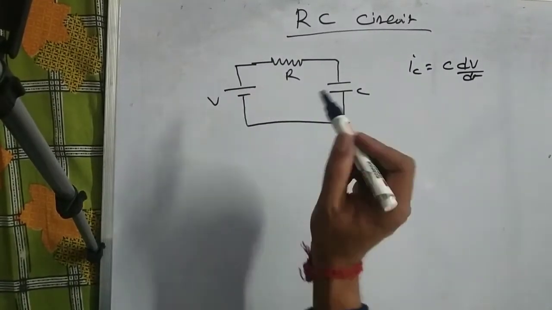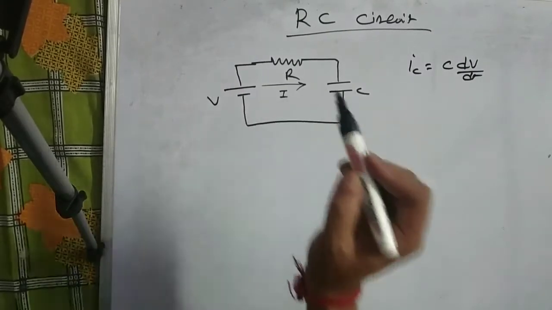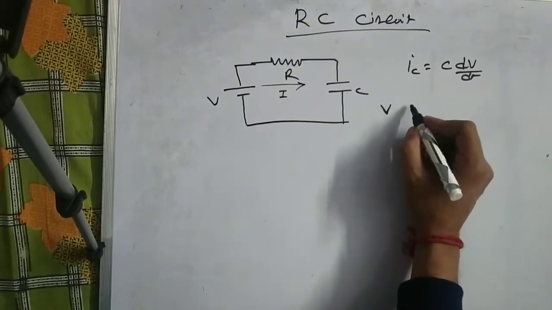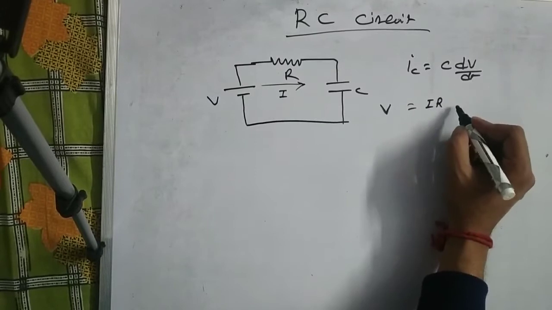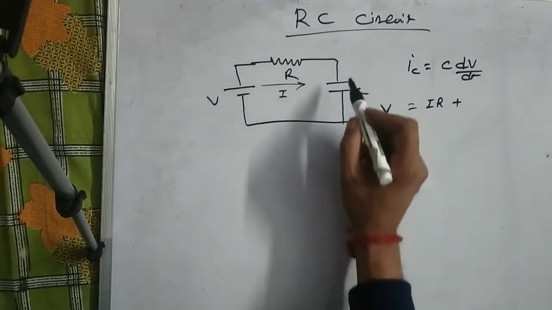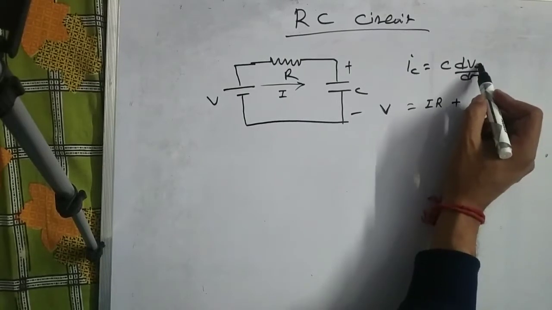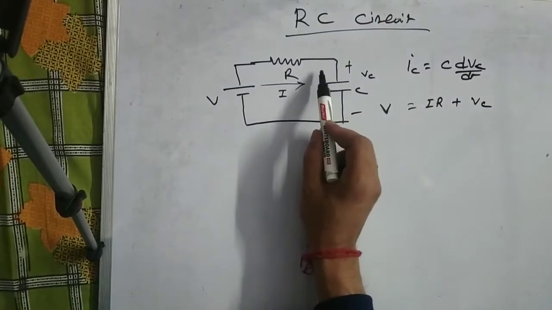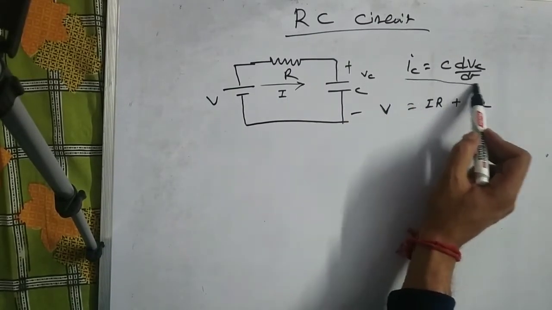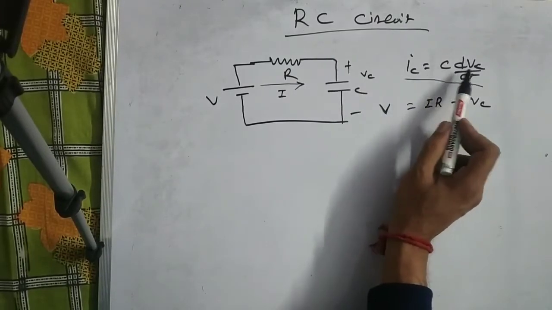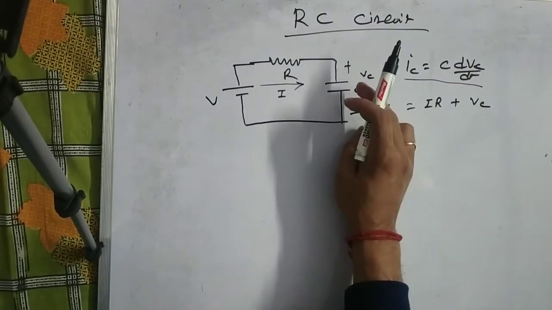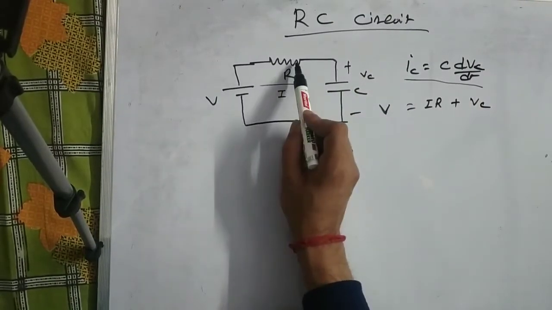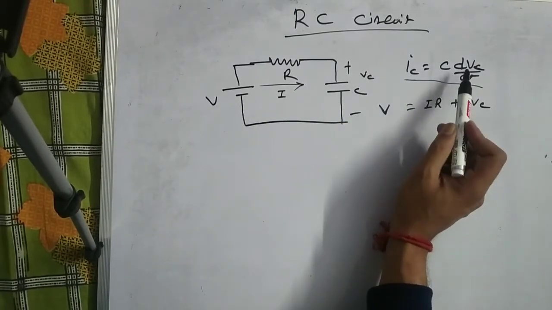So if we apply KVL in this loop equation, V equal to I into R plus the capacitor voltage Vc. Now we have written that the capacitor current will be C into dVc/dt, the derivative of the voltage across the capacitor. The same current IC is flowing through the resistance, so we can replace this current I by C dVc/dt.